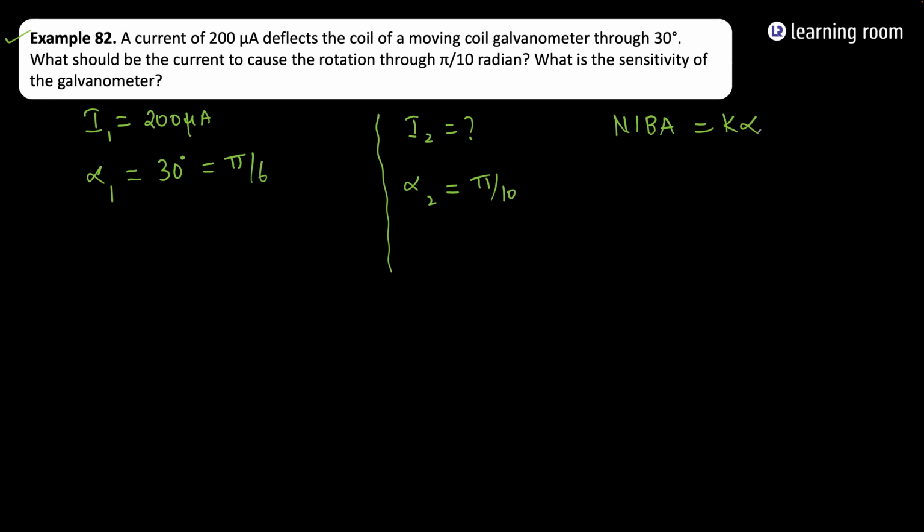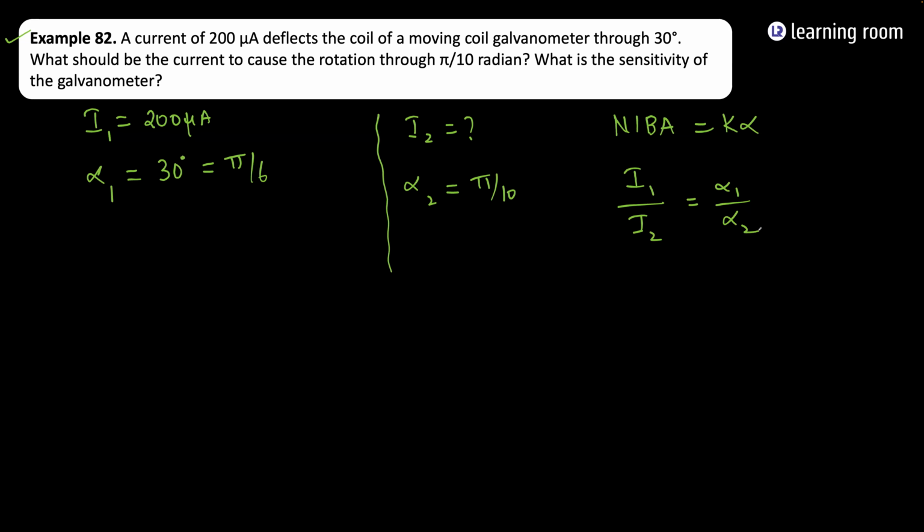If it is, then there is no question itself. Current is not the same. What about the magnetic field? It is the same because you're using permanent magnets inside, which produce the same radial magnetic field. The area is the same. The torsional constant is the same. So what are the only two parameters that are changing? I and alpha. So to put it simply, I1 by I2 is equal to alpha 1 by alpha 2.